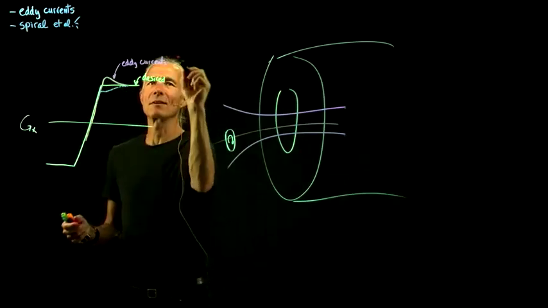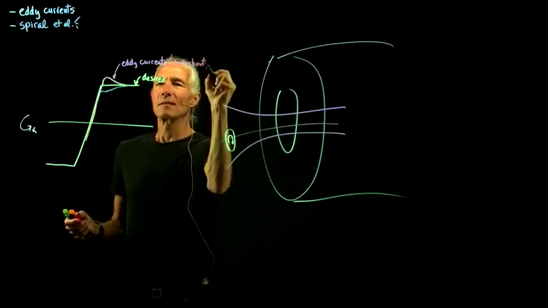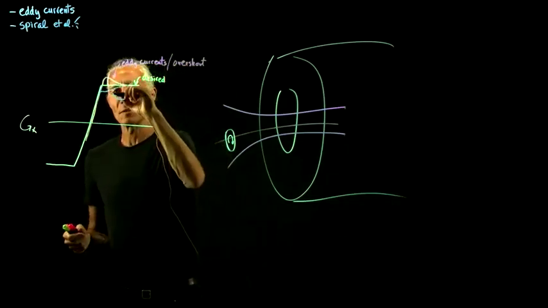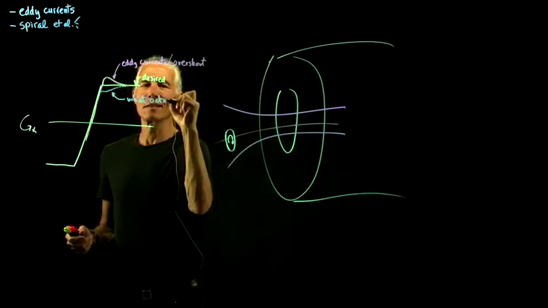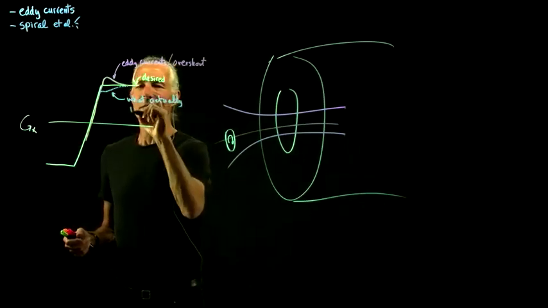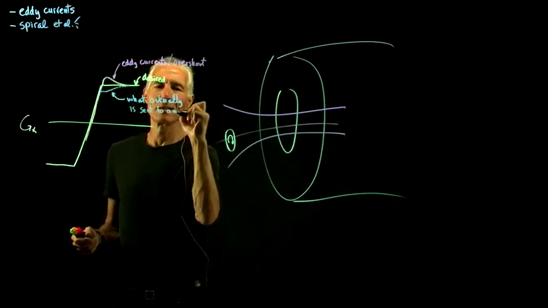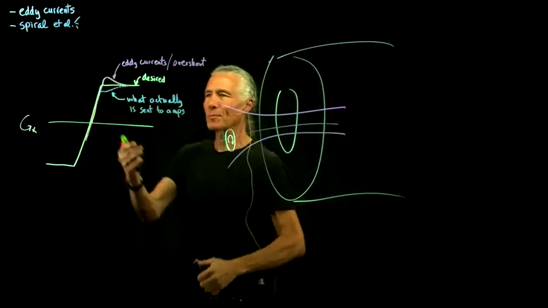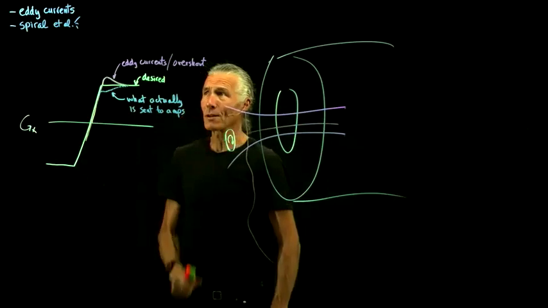eddy currents cause overshoot. So in order to fix that, this is what actually comes out. So this is what actually is sent to the amplifiers. And so the end result is you'll get something that looks like the green curve.